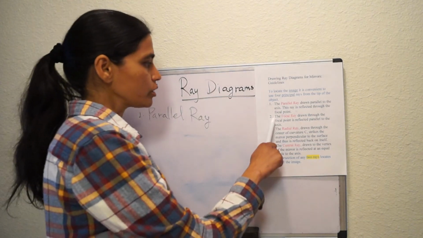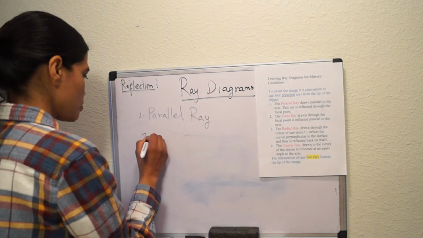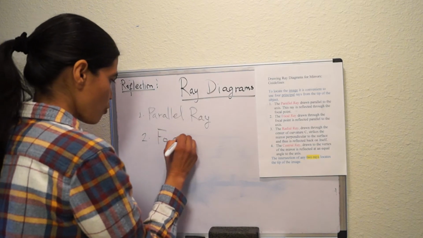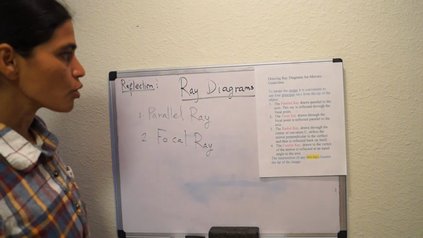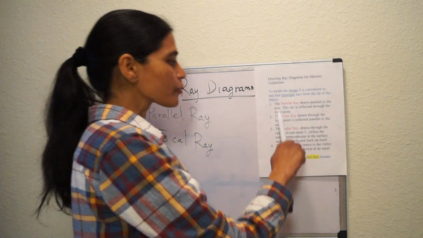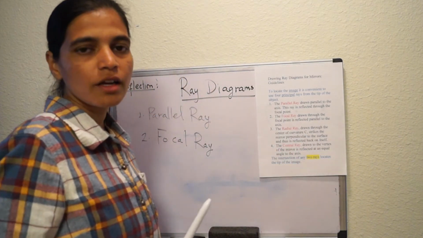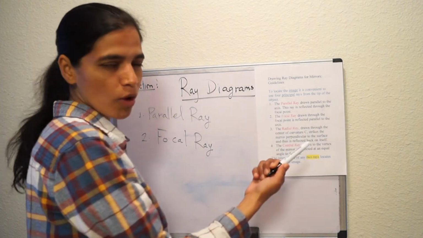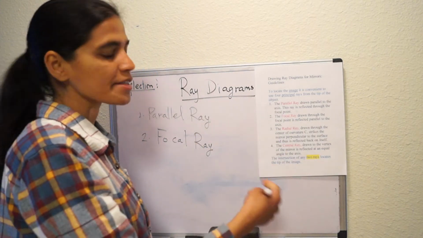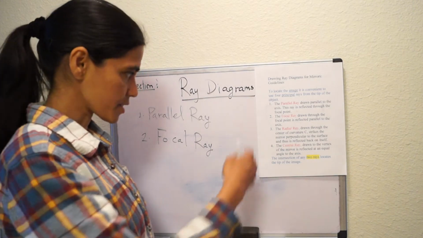Number 2, the focal ray. Okay, so the focal ray drawn through the focal point is reflected parallel to the axis. It's same as the number 1. Okay, so again I'll show this in the diagram also to you guys in a few minutes.